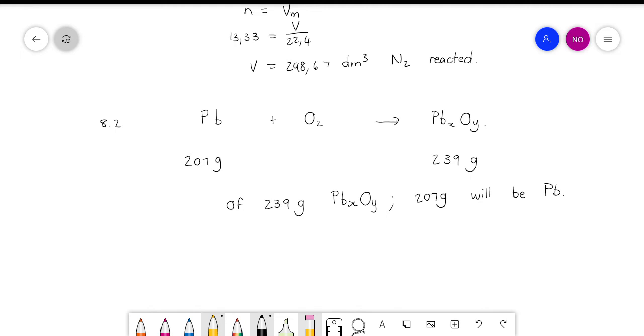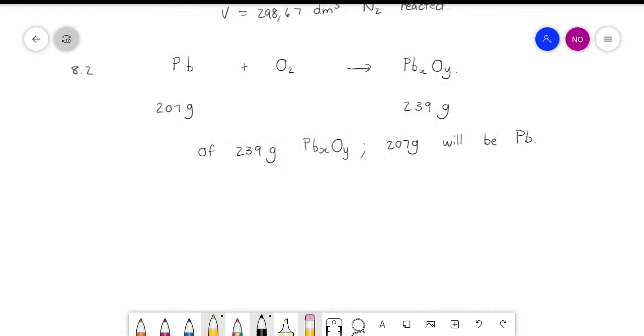Want daai 207 het nou gereageer met suurstof om loodoksied te vorm. So that 207, all of those atoms that made up the 207, those atoms still exist within the lead oxide. They just bonded to oxygen. Okay, goed. So waar kom die res van dit vandaan? Suurstof. Okay, in other words, now we can go and we can do our calculations.